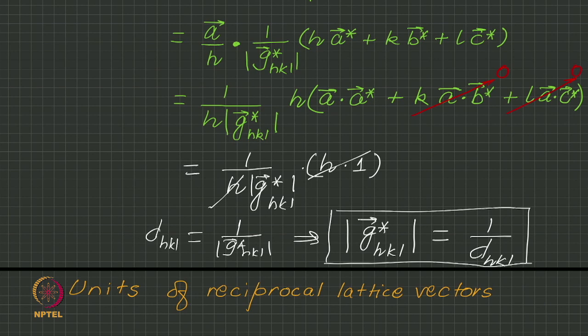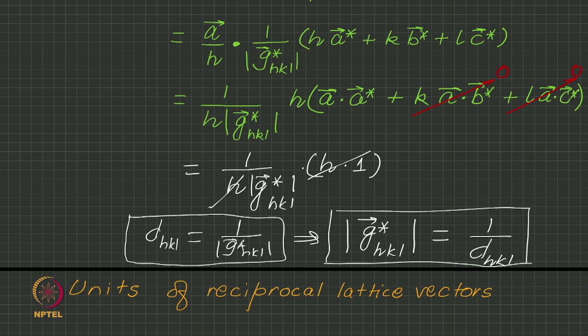So, this actually gives you a formulation for finding DHKL. If you have to determine DHKL of any plane in any crystal, you should look for the corresponding reciprocal lattice vector and find its length. That is the easiest mathematical way.